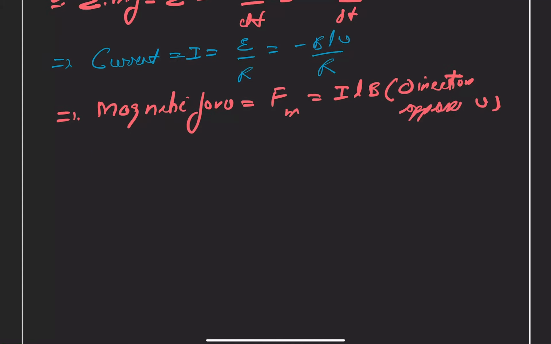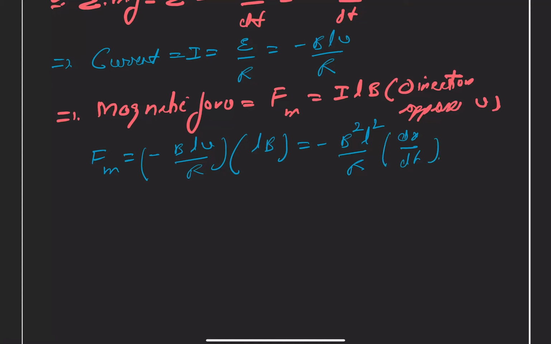So we can further substitute the values. We can write Fm will be equal to minus BLv divided by R, and here we have our LB, and this can be written as minus B square L square divided by R. Instead of v, we can write it as dx by dt.